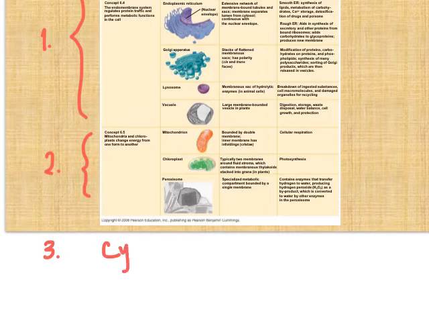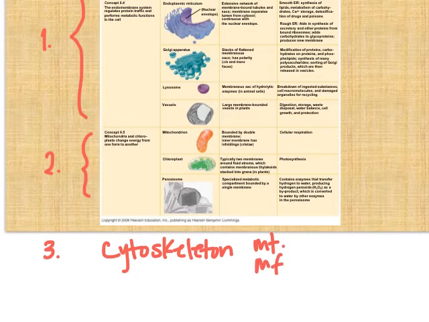That's one that you should remember as well. And you want to remember the three components of the cytoskeleton: the microtubules, the microfilaments, and the intermediate filaments, and their role in cell shape and form, as all three of those play a role in that.